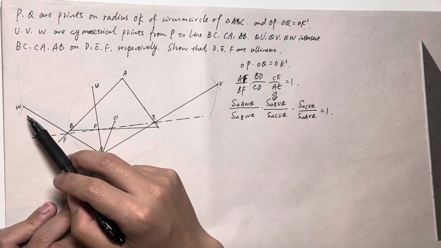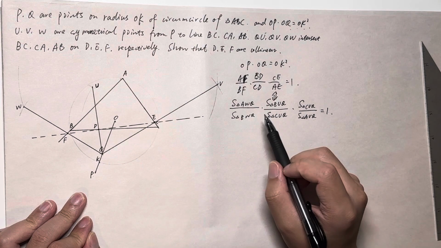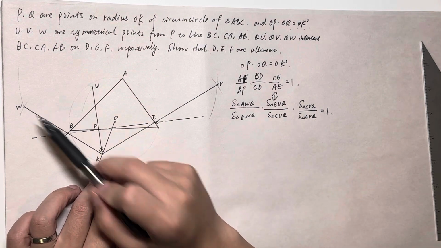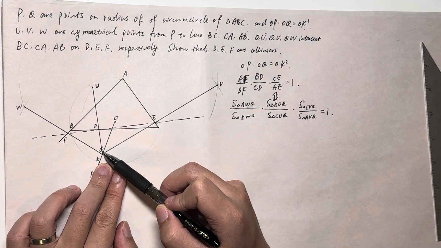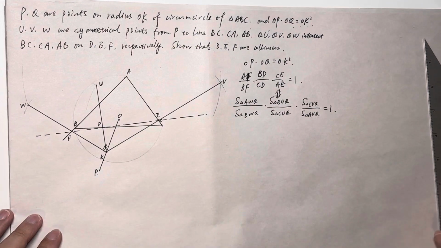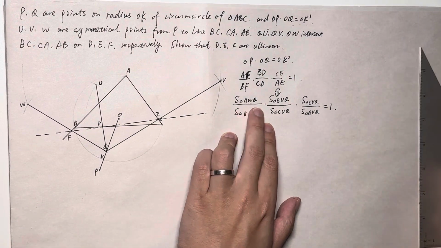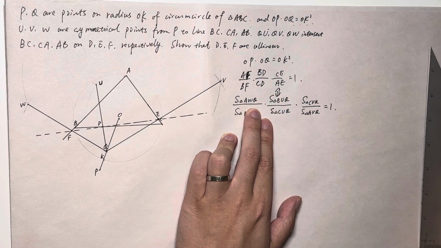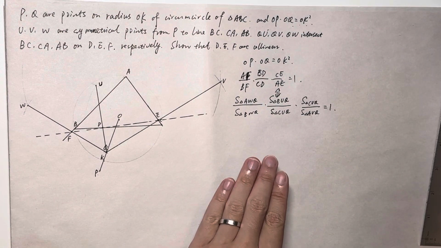So if we use AW and AQ, we need to figure out the angle relation of WAQ. Which edge to choose is kind of difficult to decide right now.